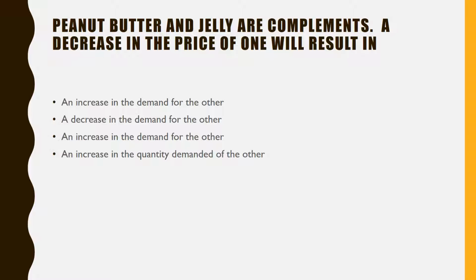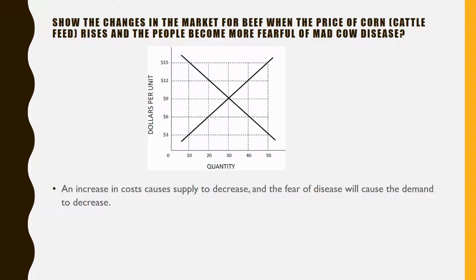The answer is an increase in the demand for the other, as we will demand more jelly if peanut butter is on sale, because we can't really have a peanut butter sandwich without jelly. Sorry about that error.